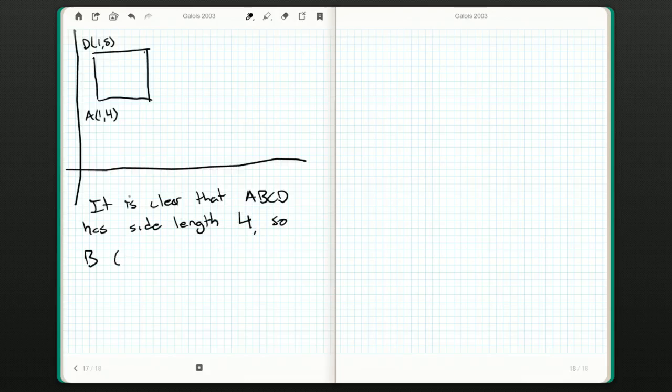So B has coordinates, well, it's in the x direction, so we need to add 4 to A, because it's not on the other side of the y-axis, so it's definitely going to be positive values. So B has coordinates (1 plus 4, 4), which is really just (5, 4). And C has coordinates (1 plus 4, 8), so it'll be (5, 8).